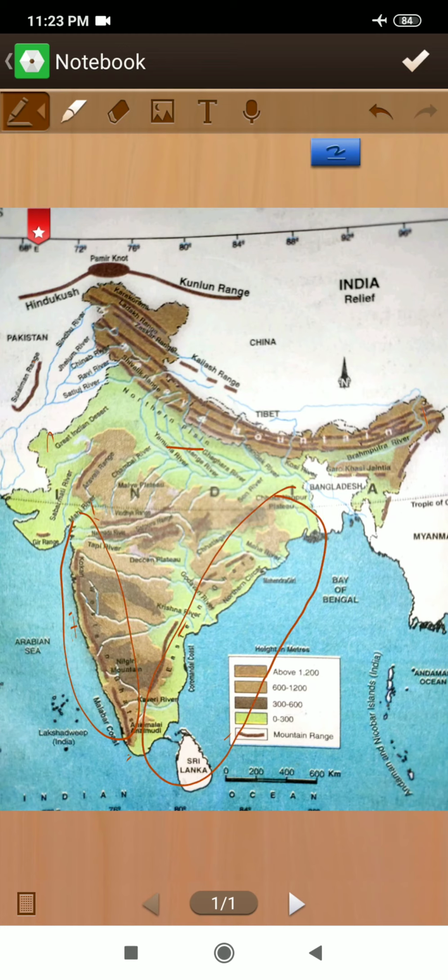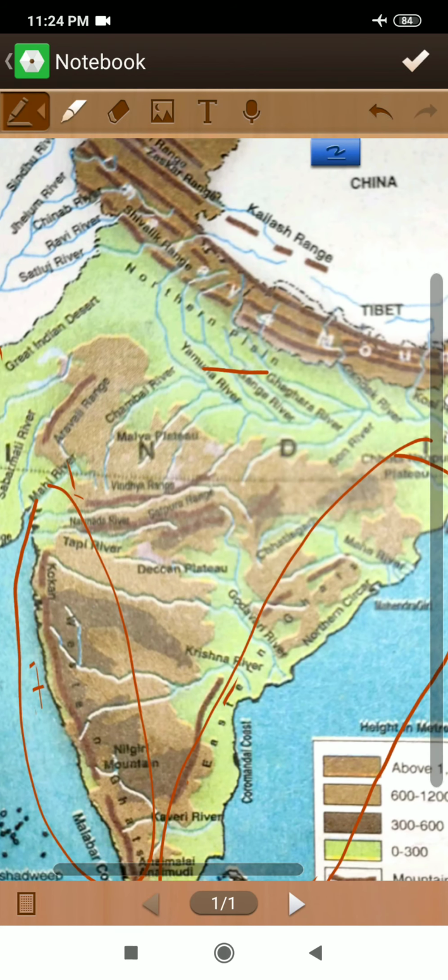There is substantial alluvial deposit in the deltas of the Kaveri, Godavari, Krishna and Mahanadi rivers, because these rivers merge into the Bay of Bengal, and that's why these areas are very fertile.